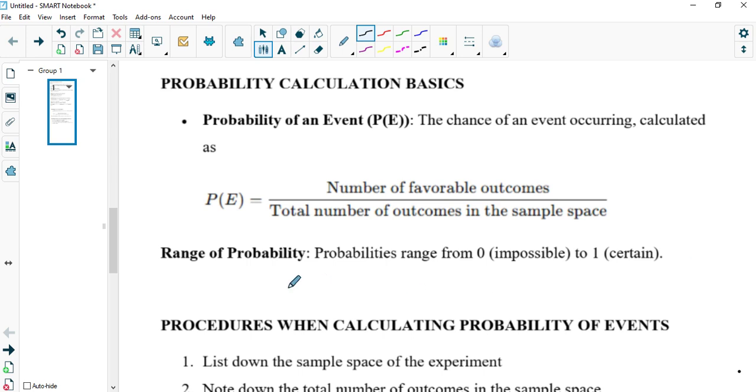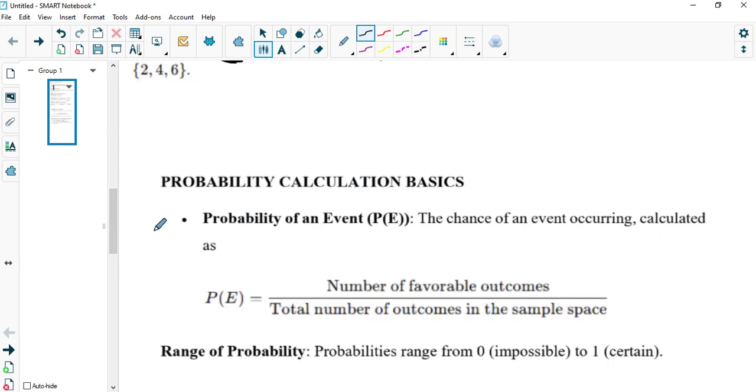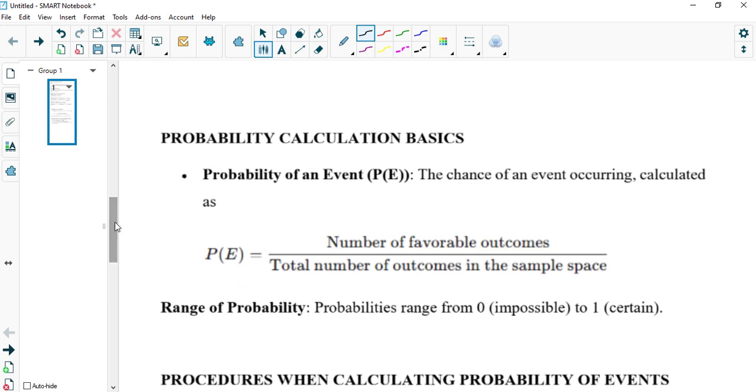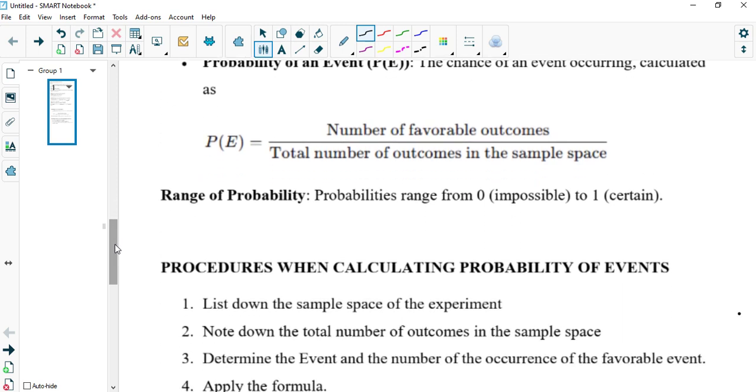Now, how do we calculate probability of events? We need to understand how we can calculate the probability basics given questions. So now we are going to look at the procedures, then we are going to apply the procedures in handling a few questions.